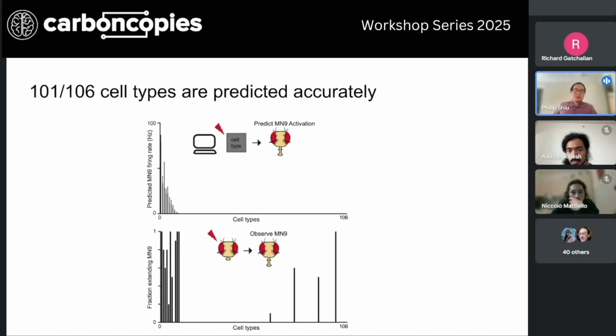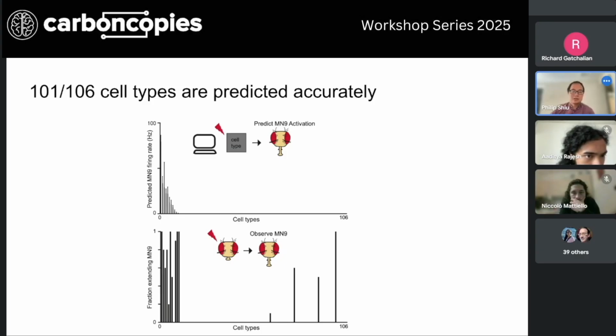We basically did the same thing, but with optogenetics in biological flies. We shined a red light onto these flies, activating these neurons, and asked whether or not motor neuron 9 was activated, that is to say, whether or not the proboscis was extended. In general, there's a handful of neurons that did cause the proboscis to extend that we didn't predict, but our predictions are consistent with the data we found.